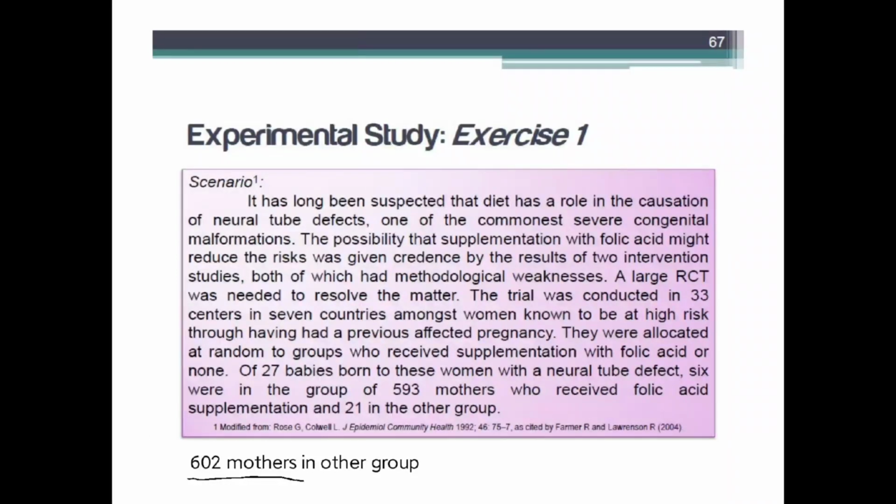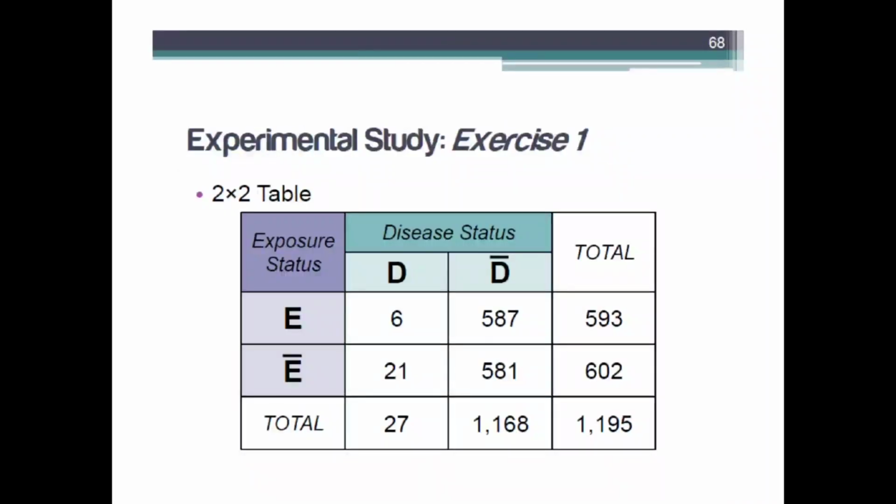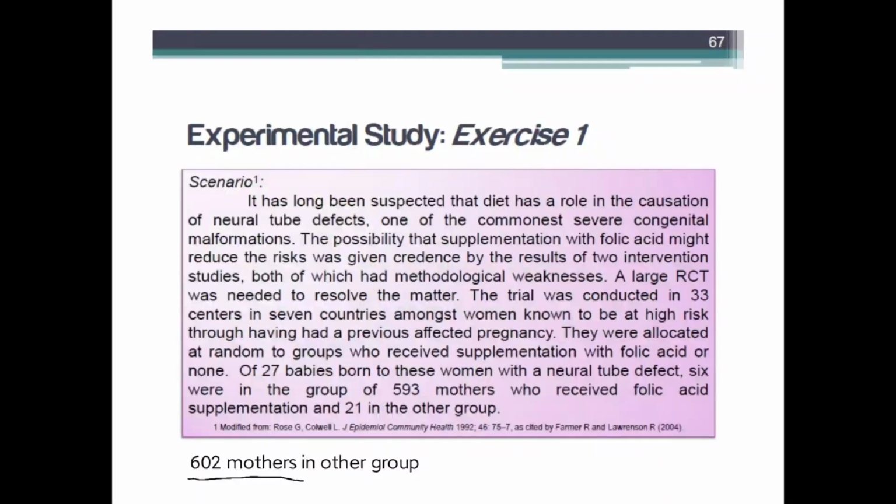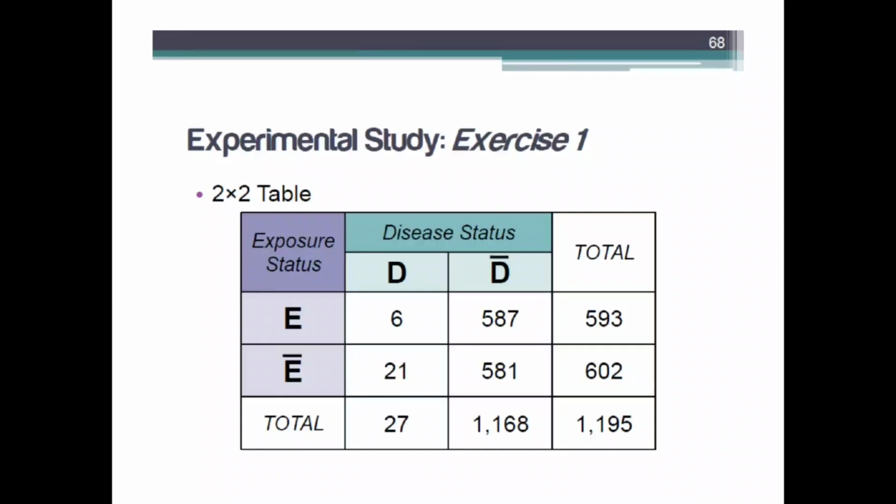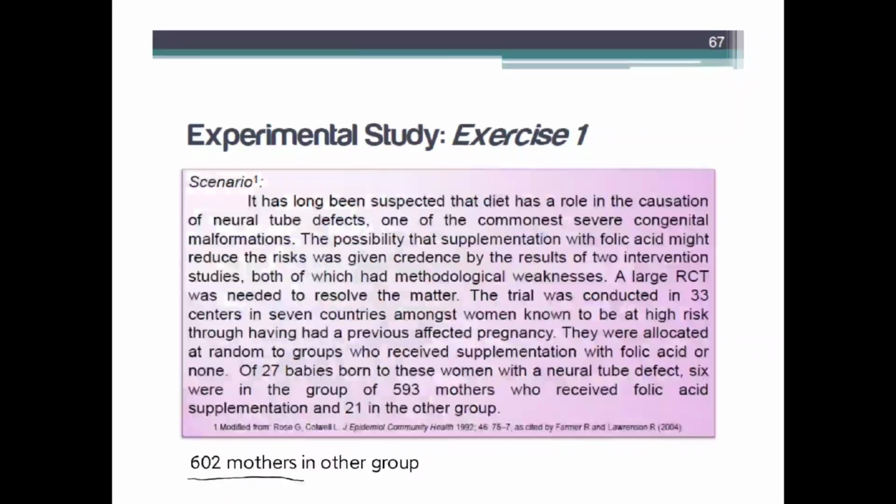Okay? So, let's try to compute. Ayan, ganyan. Shortcut na natin, ha? So, ito na yung disease mo. 6. Ayan, 6. And then, 593. Paano kasi nakuha yan? Ayan, 27.